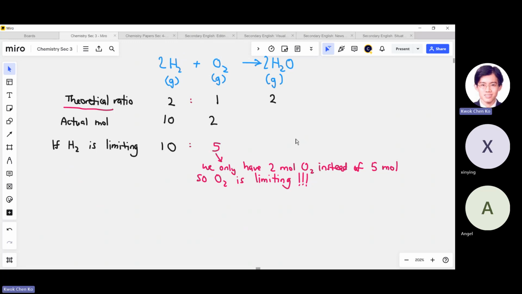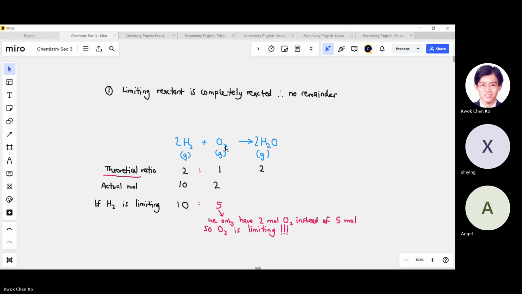And the second guideline, you can add in number 2. If there are only 2 reactants, most of the time, but sometimes your question may give you more than 2, then it becomes very troublesome.